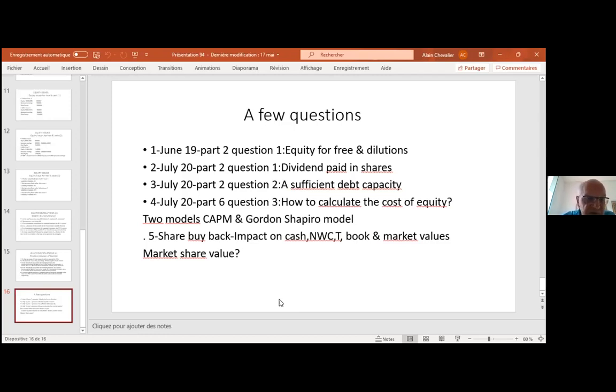So there is dilution at the level of 1 share, but there is no wealth dilution at the level of your portfolio. It is the same amount of earning at the level of your portfolio. Simply, instead of being, for example, split into 5 shares, it's split into 6 shares. No difference in terms of wealth.